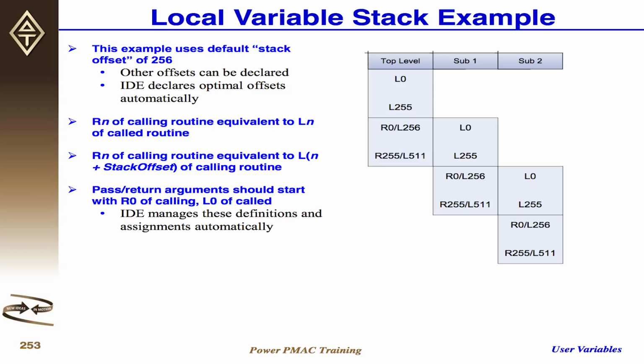So you don't want to use L variables with 256, but in this case, we also have L0 through 255 and R0 through 255. The L variables are going to be the ones that you're generally using just inside of that top level and don't want to pass to any subprograms. R variables you'll use if you want a local variable that has some scope to it that can be passed to a deeper level of subprogram.